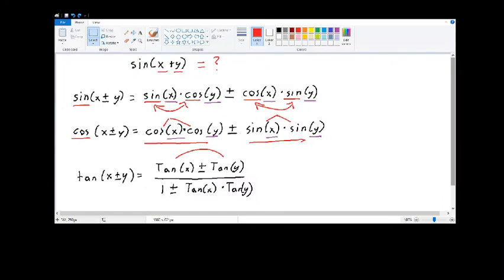For now, I imagine the questions given today are mostly, rather than simplifying and trying to find out how to manipulate cosine or sine into a tangent, just rearrange the given functions so that you end up with sine of x plus y, or sine of x minus y, or cosine of x plus y.